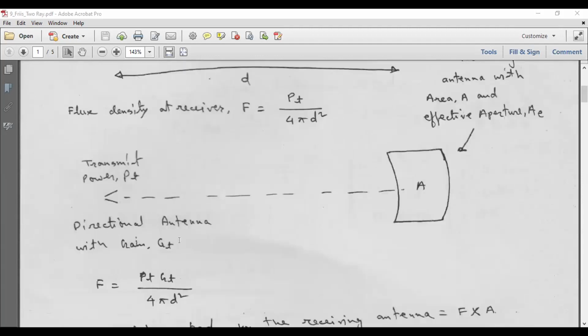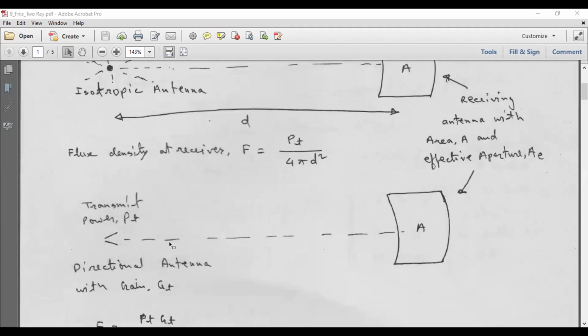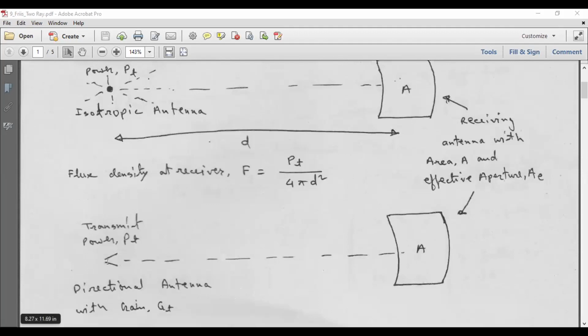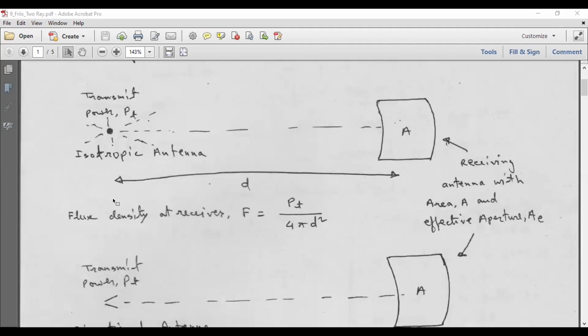GT is the ratio of what I get at the desired direction, or the direction of the maximum radiation, compared to the isotropic case. Compared to the same power, but transmitted equally in all different directions unnecessarily.